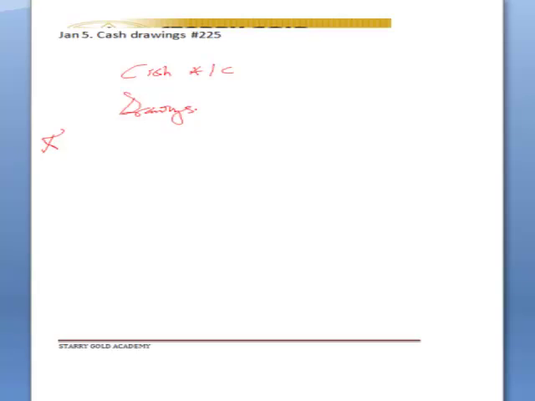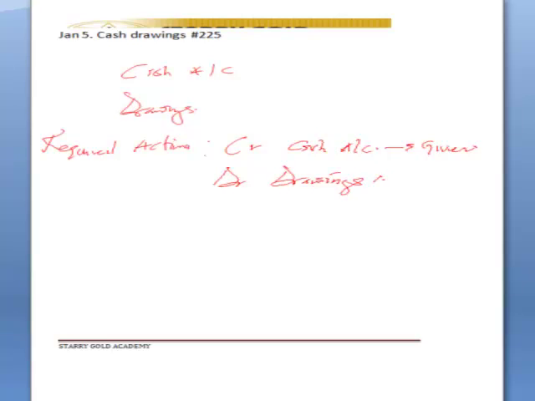Before we look at that, let's look at the required action. Cash account is given in this case because it's giving drawings. So the required action here is that we shall credit cash account, because cash account is the giver in this case, and we shall debit drawings account, because drawings account is the receiver, that is the receiving account.